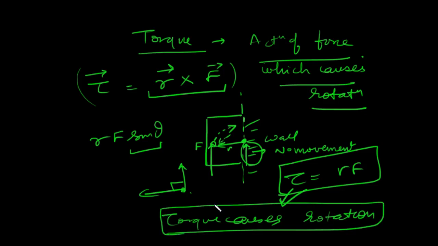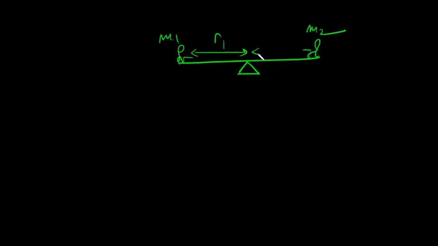Now why is this useful? It is useful because, for example, in a seesaw, here there is a balancing point, here there is one person, and here there is the other person. Say they have different weights, m1 and m2, and different distances, r1 and r2.